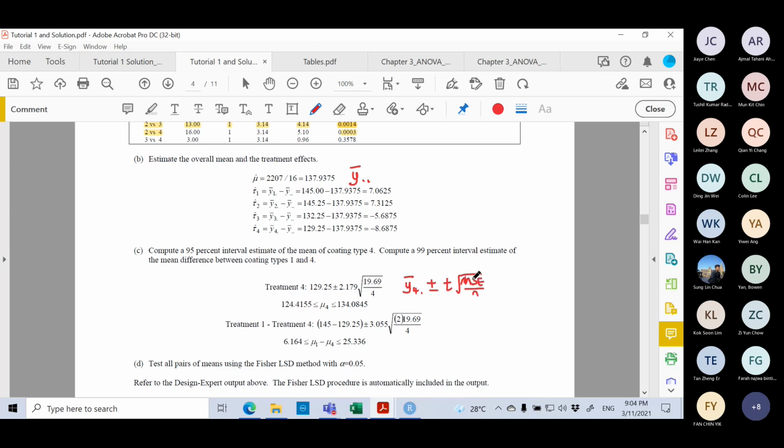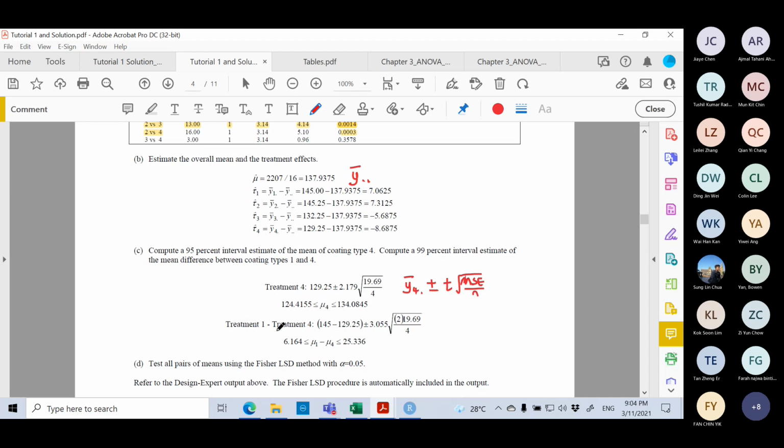Okay, in fact, here is sigma hat. But because our estimation uses the MSE to estimate sigma hat squared, it is the square root of MSE divided by n. So this will be the confidence interval for this part.